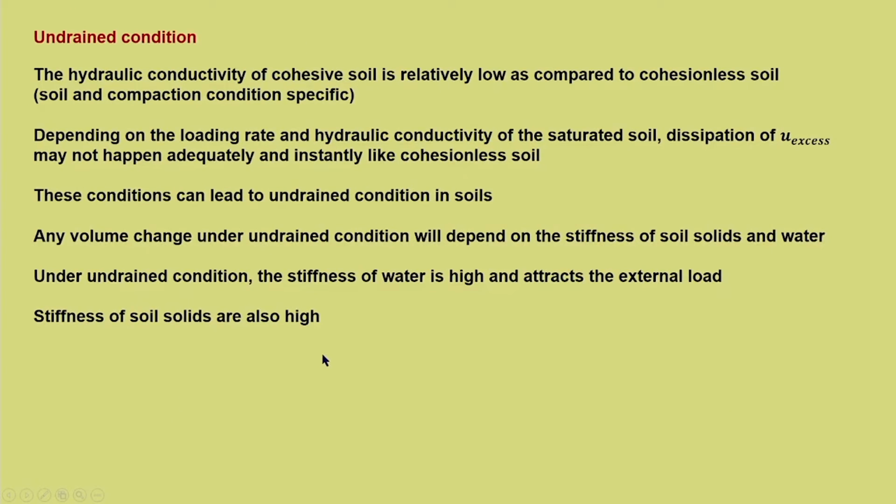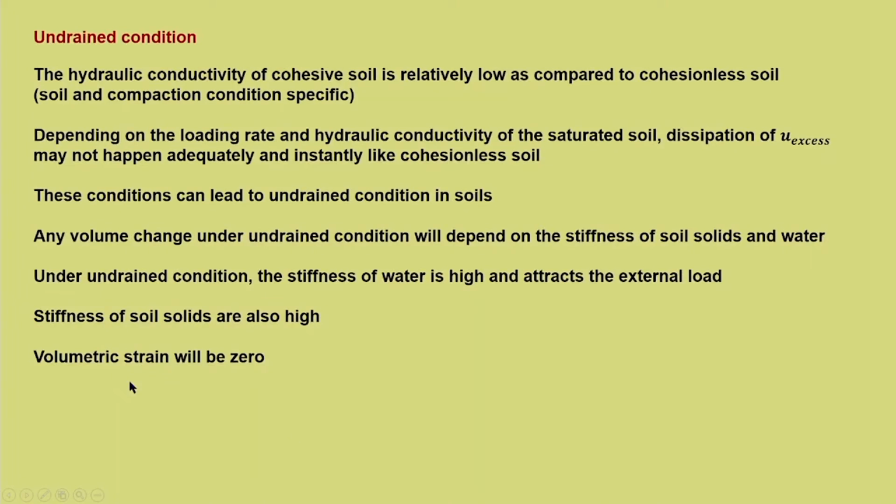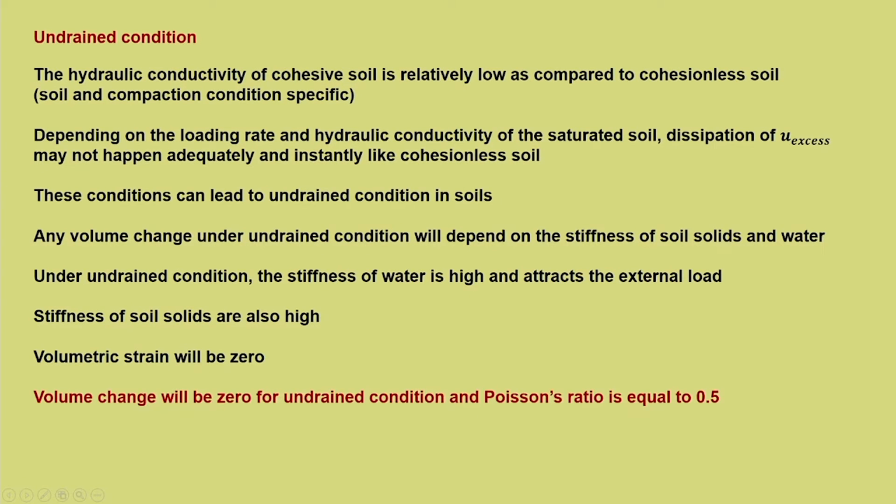So, what does this mean? Water is not allowed to move out. Both water and soil compressibility, there is no response or there is no volume change associated with compressibility of water and compressibility of soil solids, which means to say that volumetric strain will be 0 and volume change will be 0 for undrained condition and Poisson's ratio is equal to 0.5.